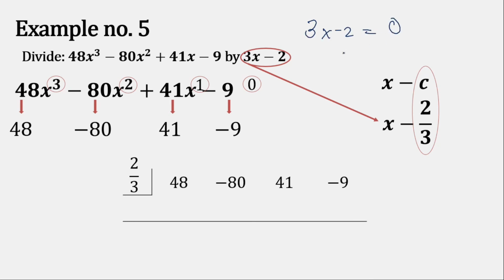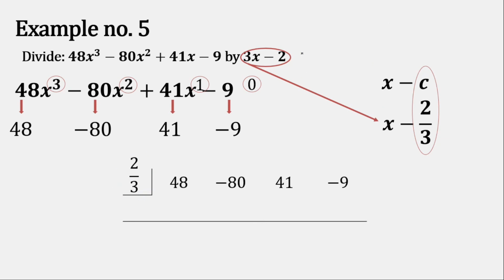Then add 2 on both sides. We have 3x equal to 2, divide by 3. That is, x is equal to 2 over 3. That's the value of x if we equate it to 0. So that will also be the value of c.